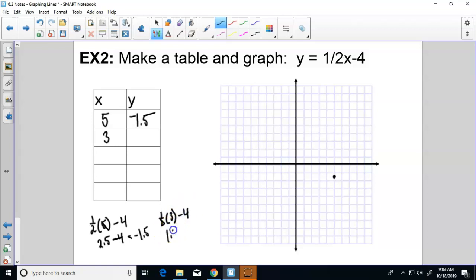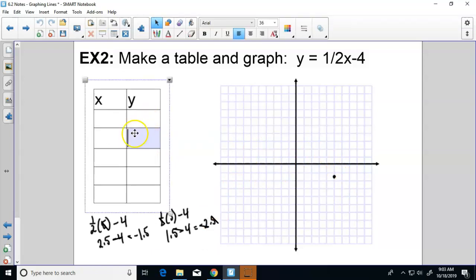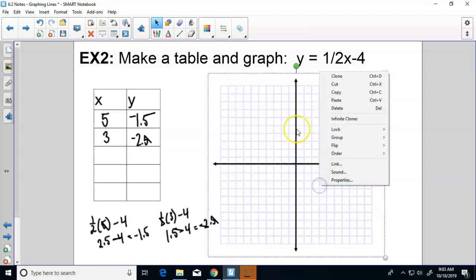So that's 1.5 minus 4. That's going to give us negative 2.5. And so 3, negative 2.5 right here.